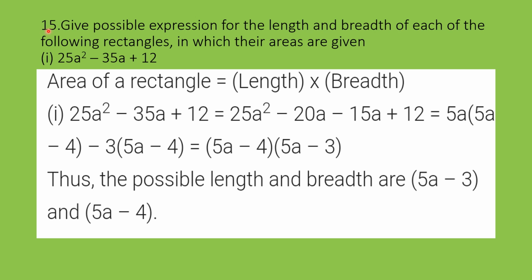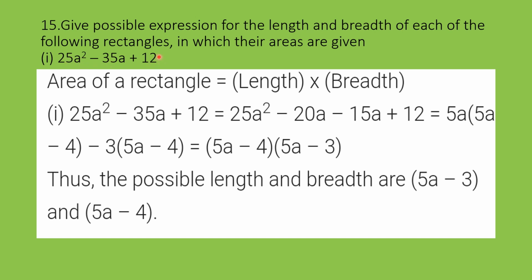Question number 15. Give possible expression for the length and breadth of each of the following rectangles in which their areas are given. In that, question number 1, 25a square minus 35a plus 12. Here the area of the rectangle is given as a quadratic polynomial. And we already know that a quadratic polynomial has two factors.